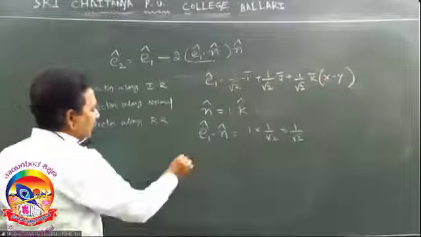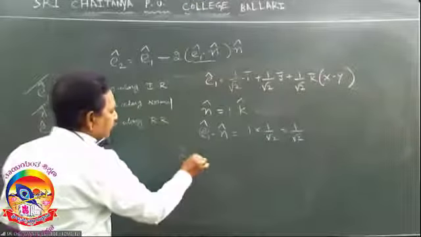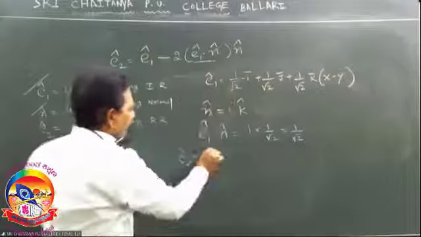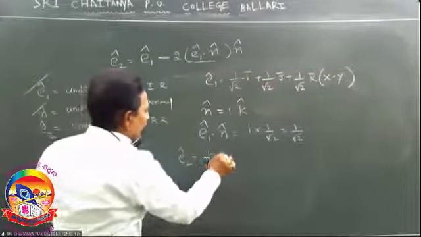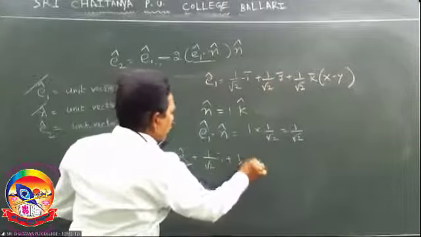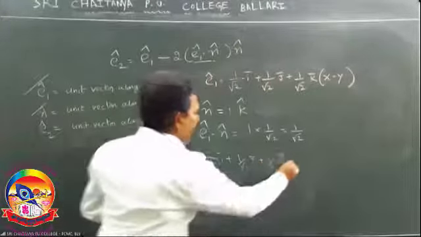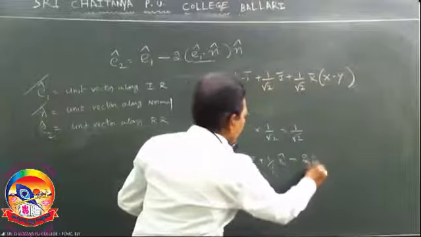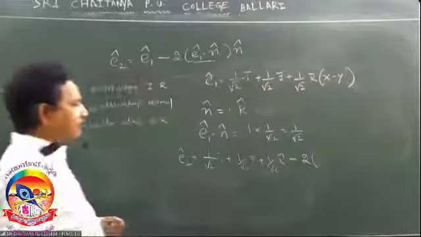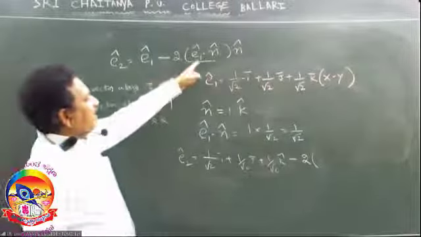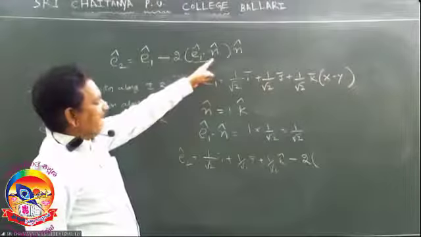Very easy. E2 cap is equal to E1 cap, which is 1 by root 2 I bar, 1 by root 2 J bar, 1 by root 2 K bar, minus 2 into E1 dot N cap.